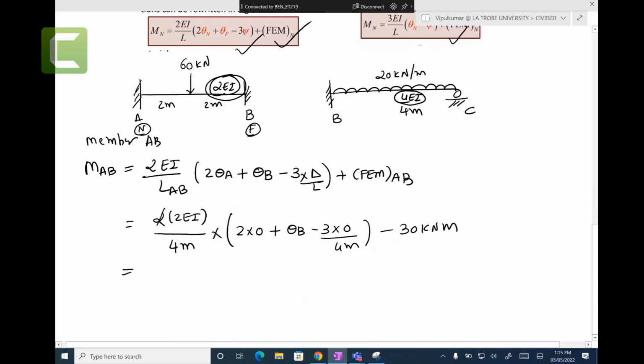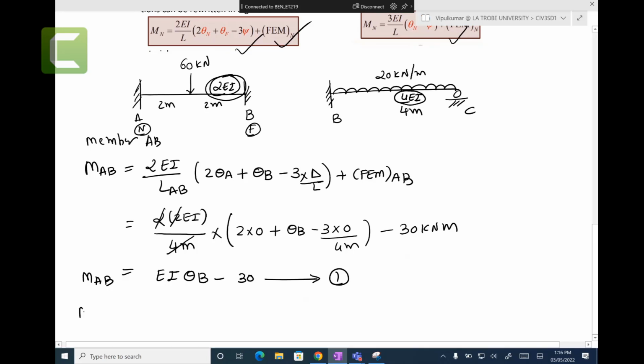In that case, this cancels, you have EI, this all gone. MAB equals EI theta B minus 30. Let's put that as equation number 1. You can stop me if you don't understand any of the parameters or any equations and how we do it. So that's the moment at joint A.